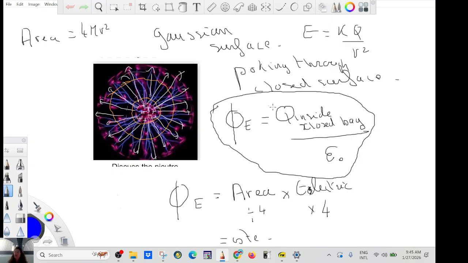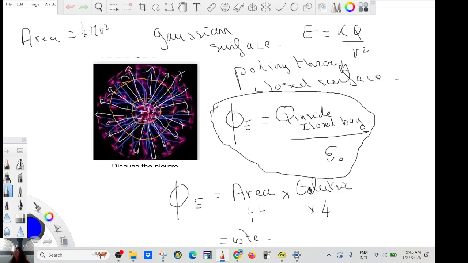And last time we understood that it only depends on the amount of charge inside your bag. If you multiply the charge by 2, it makes sense that the number of lines poking through will also be multiplied by 2.